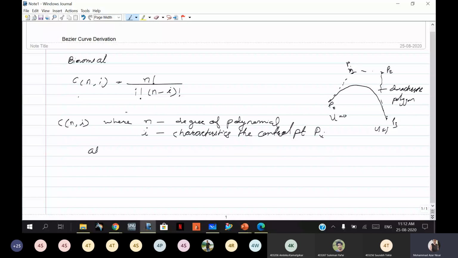Then at i equal to 0, that is this initial point, C(n, 0) equal to n factorial. Suppose this is my equation number 1. Now this will become n factorial over 0 factorial times n factorial, so it is equal to 1.